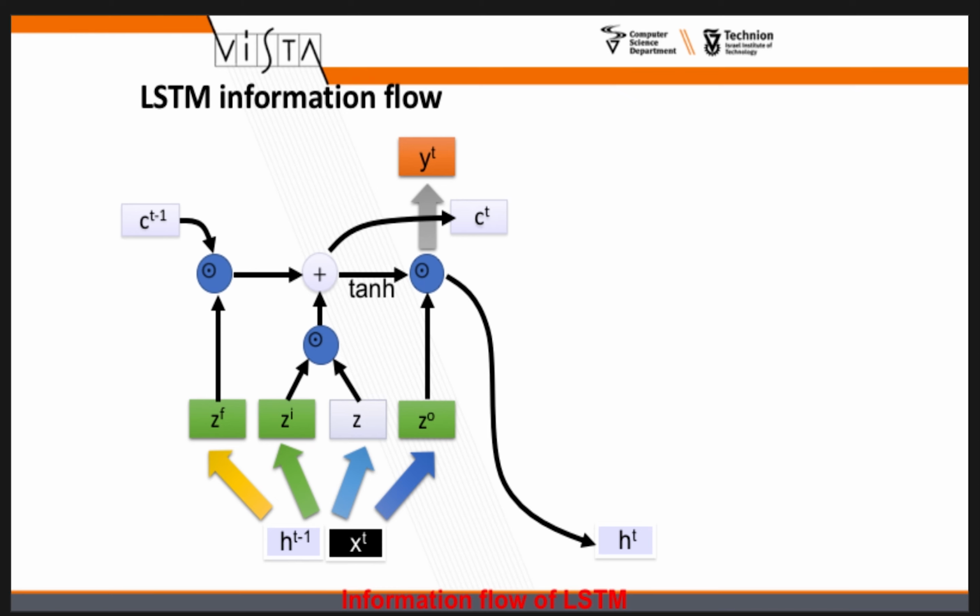And here we have tanh, the non-linearity, and then we calculate our ct, ht, and yt. yt is the output of the current state, and ct and ht carry the information this cell has that we can use in the next cell of the next time iteration.